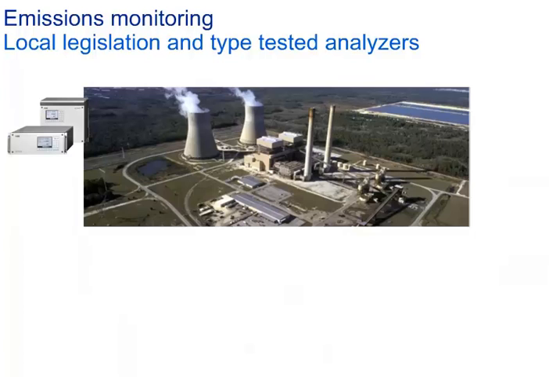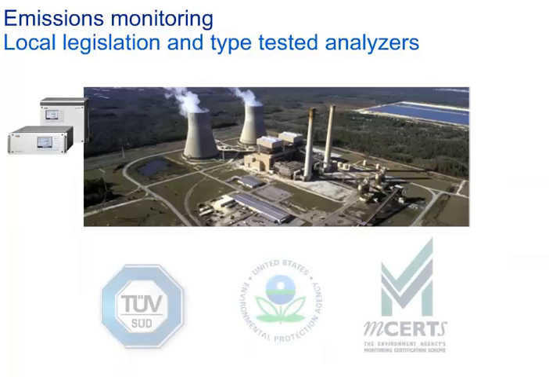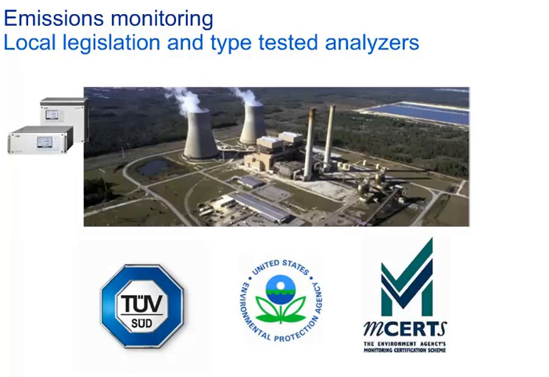Analyzers that are used in emission monitoring have to accomplish legal requirements depending on local legislation. This requires approvals or certificates issued by testing institutes like the German TÜV or other certification bodies worldwide.